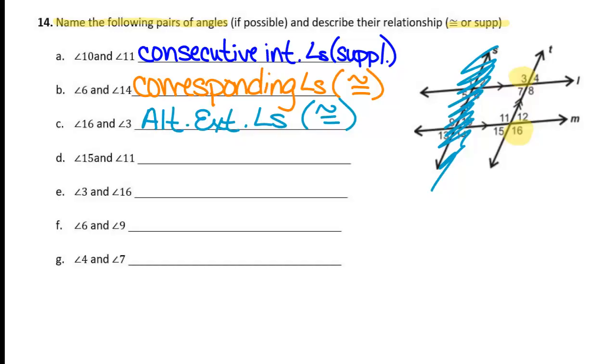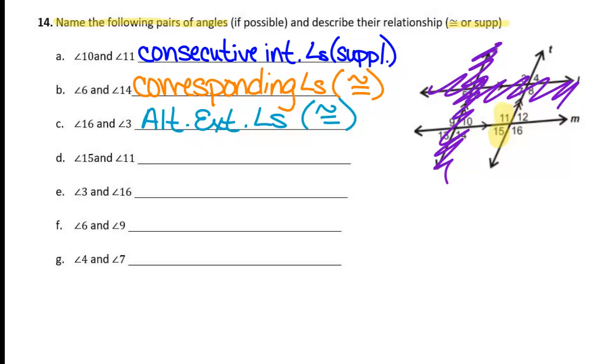All right, I have 15 and 11 next. 15 is here, 11 is here. Well, L doesn't touch either one, and S also doesn't touch either one. So there is no transversal.